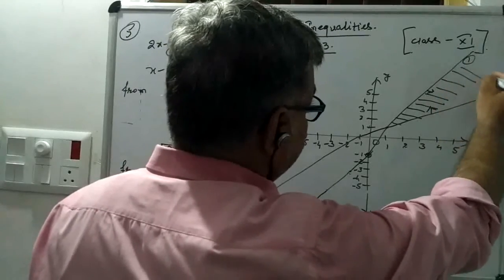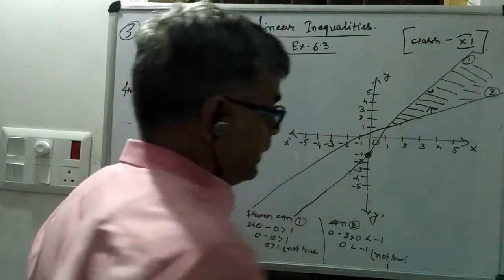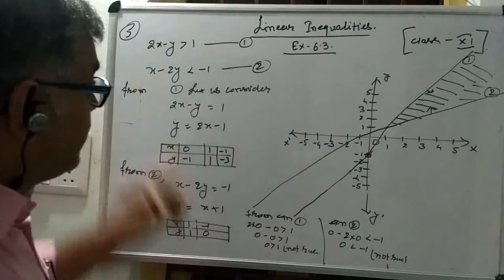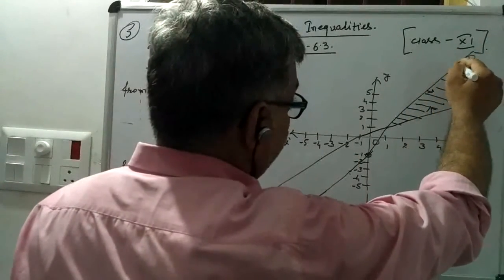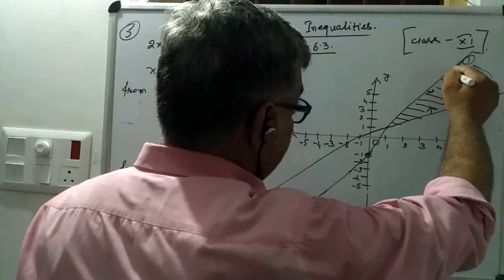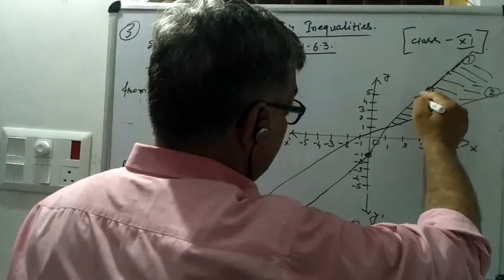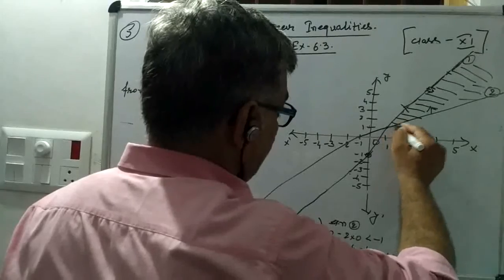And one more thing, children, I have made a mistake here. Because this is a case of strict inequality, you must draw broken lines, not straight lines. So draw the broken lines.